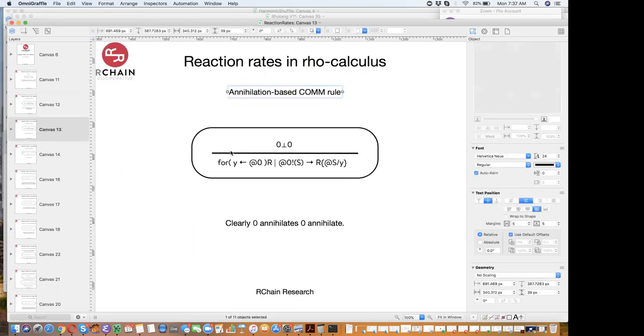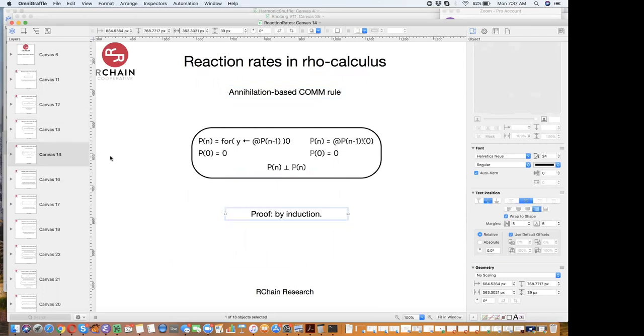And the one important question amongst many is, does that ever get off the ground, right? And zero is your base case, so it does get off the ground. And now all I did was to show that there's a lot more than just zero things that annihilate each other, right?